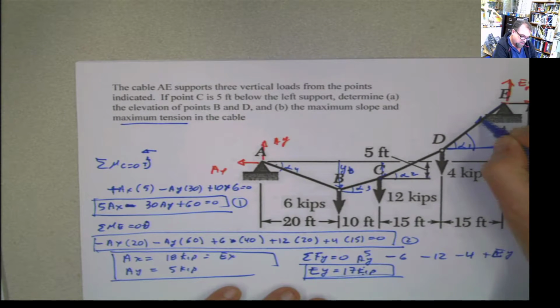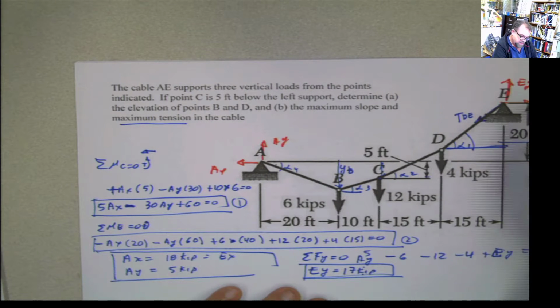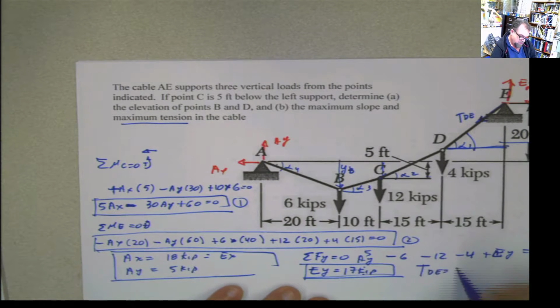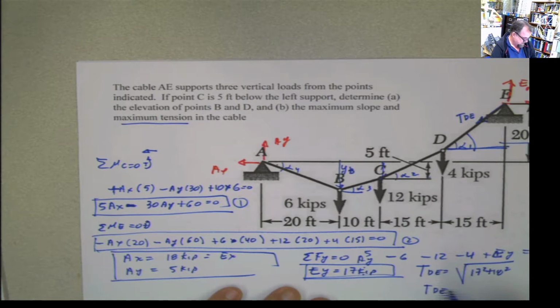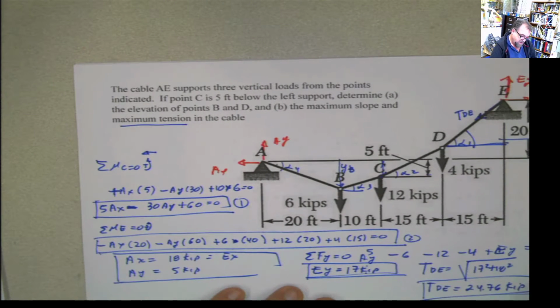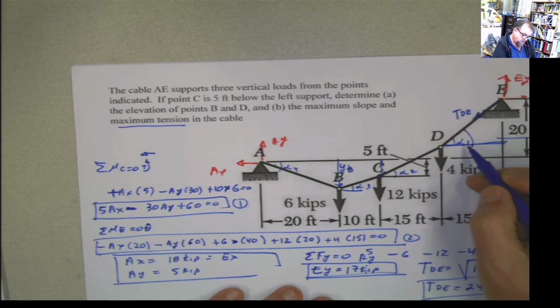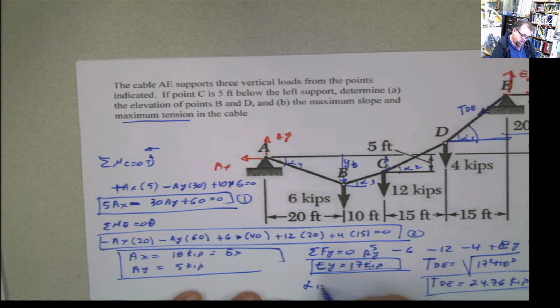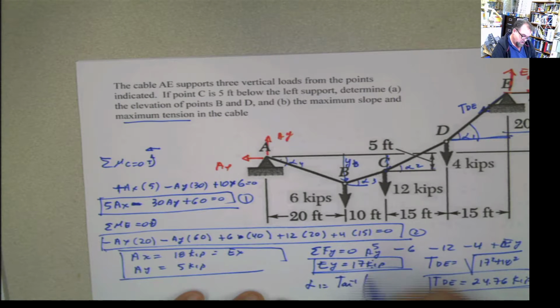Remember this force here, TDE, is based on these two, so I can say TDE is the square root of 17 squared plus 18 squared, so TDE is 24.76 kip. But at the same time, if I calculate the direction of this one, I could calculate that angle by saying alpha 1 is the inverse tangent of the vertical component, 17, divided by 18. So alpha 1 is going to be 43.36 degrees. And I can do that.